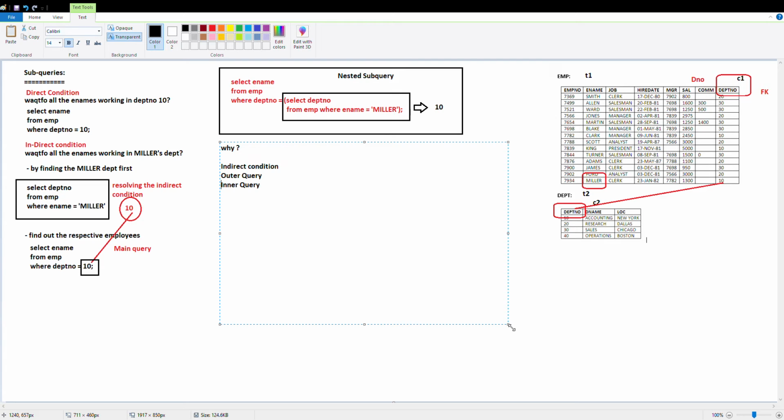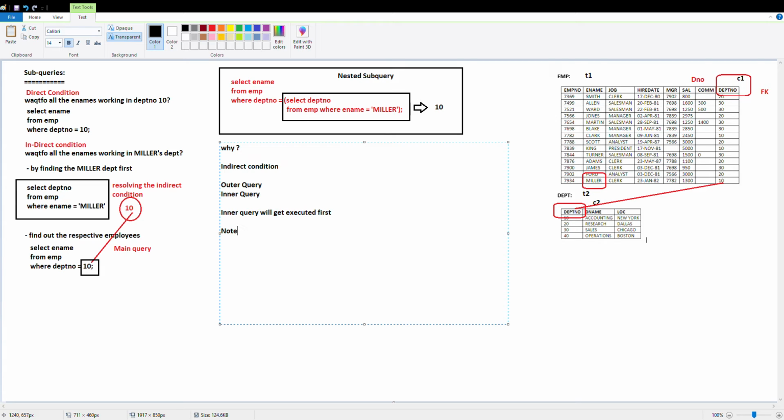So what will get executed first? The inner query will get executed first.